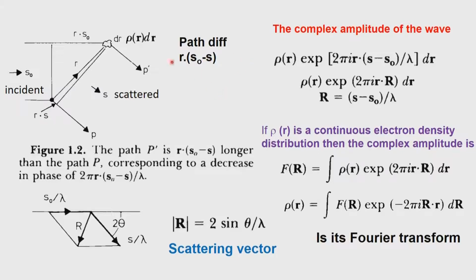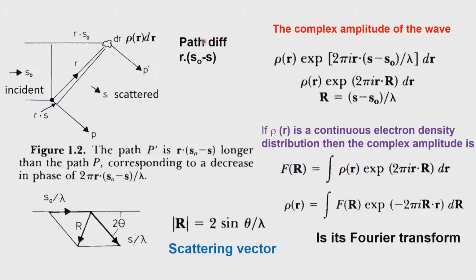The path difference is r dot s minus s naught. So, the phase difference will be 2 pi times r dot s minus s naught divided by lambda, where lambda is the wavelength.